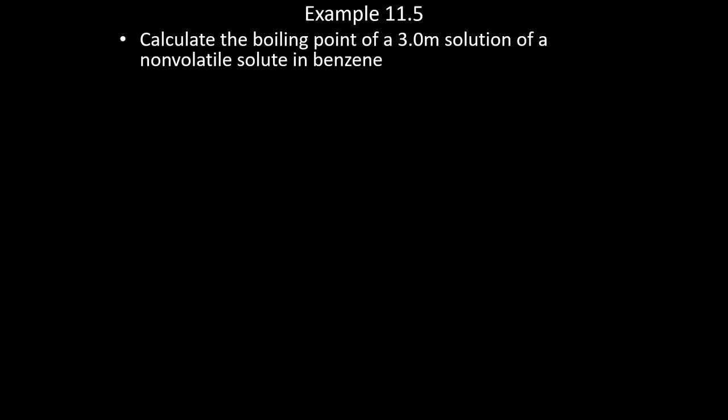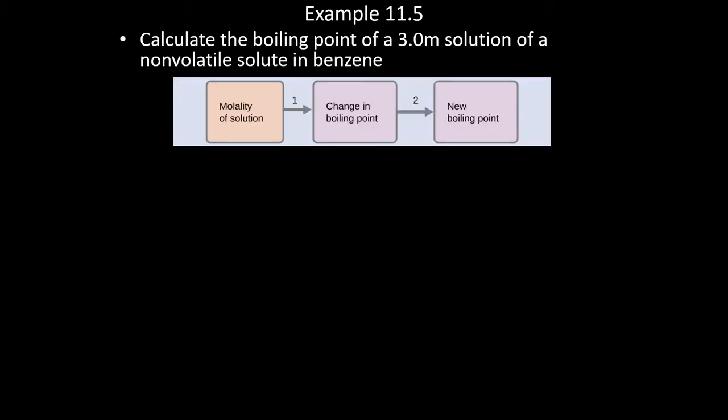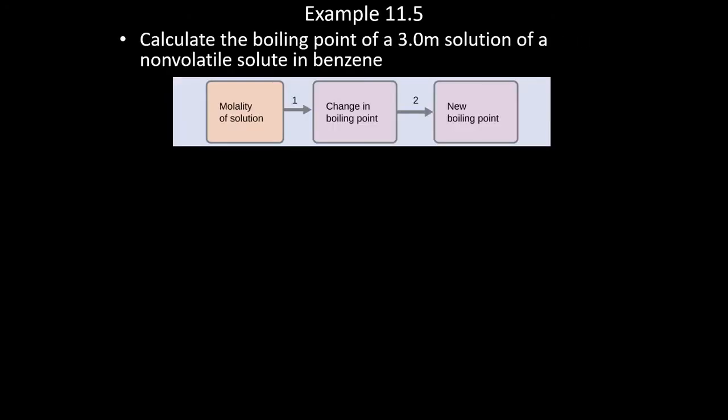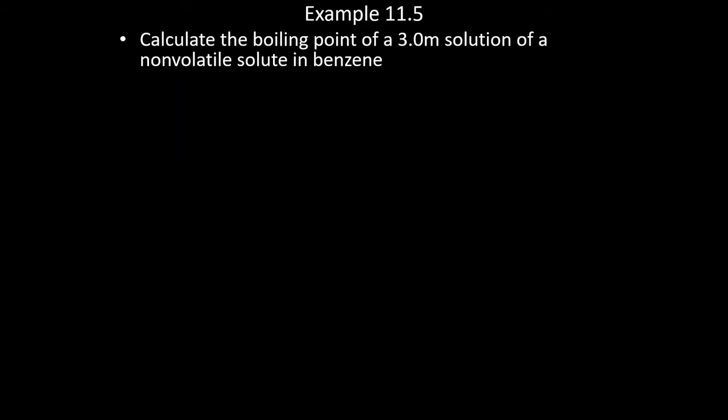Now to do this, we will need the molal boiling elevation constant, since we're looking for the boiling point, which I don't think I have here. I don't have my book nearby where I can get that either. So we're going to have to look that up.